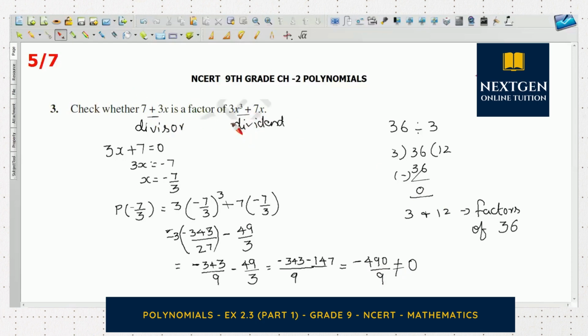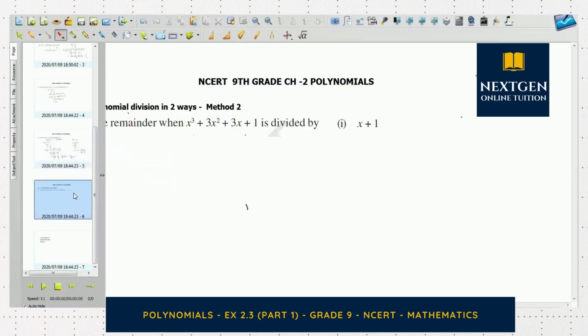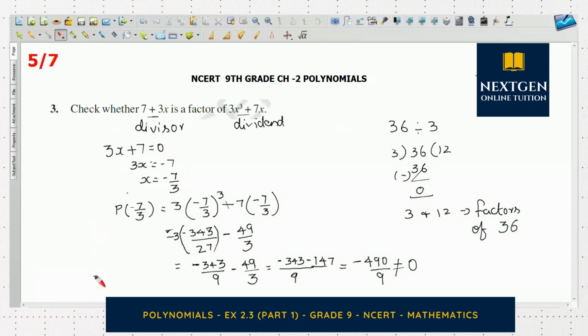This is the conclusion we have to arrive at for this sum. Okay, we can write here: 7 plus 3x is not a factor.